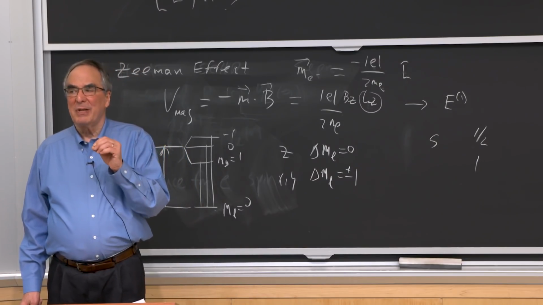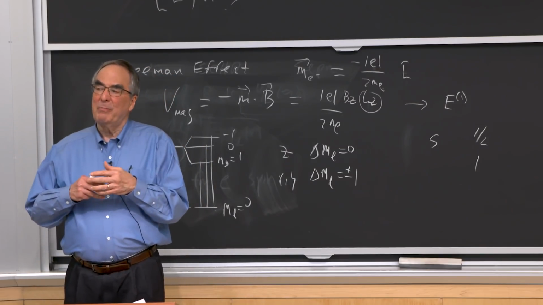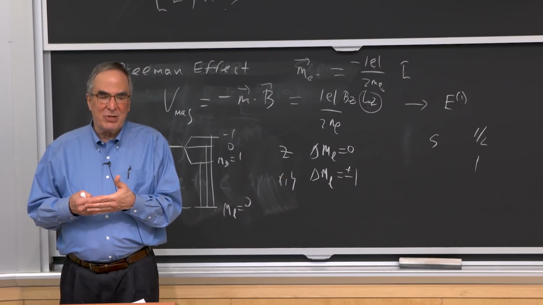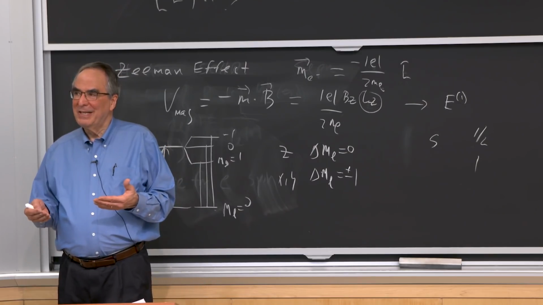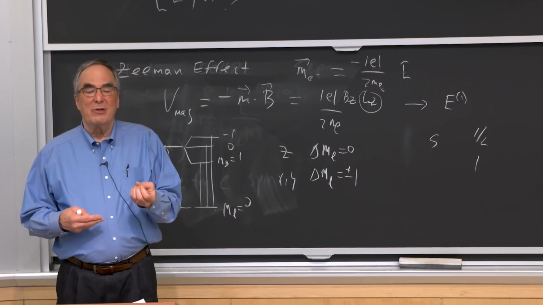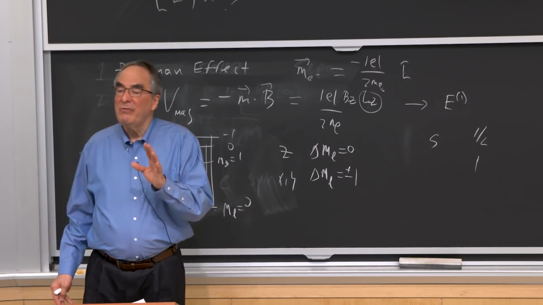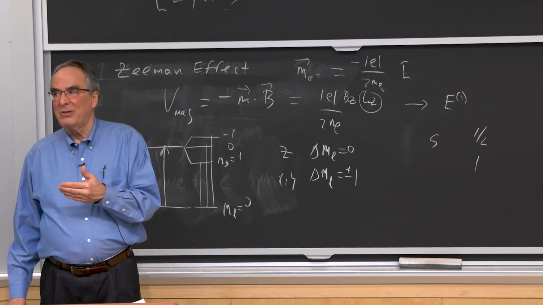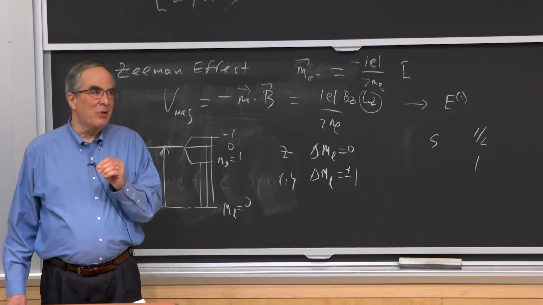You still need something else, and that is the proportionality constant between the angular momentum and the energy, which is called the g factor. For orbital angular momentum, the g factor is 1, or the proportionality constant is 1. So the g factor is 1 for L. And the g factor for the electron turns out to be 2. Not exactly 2, just a little more than 2.